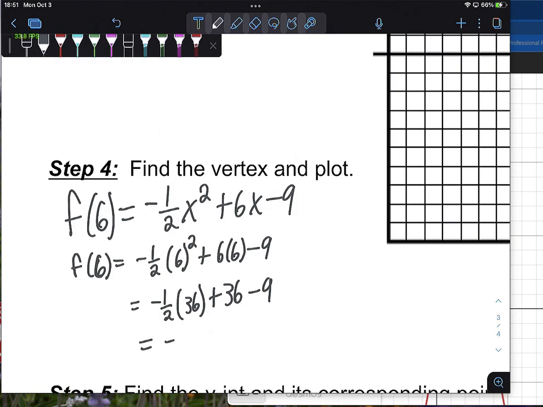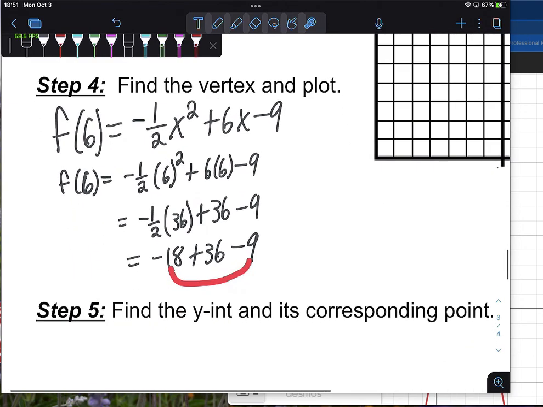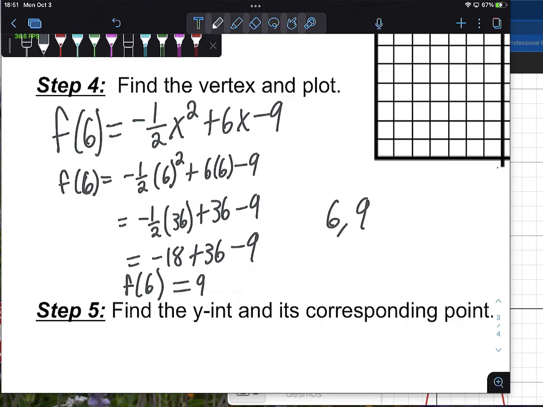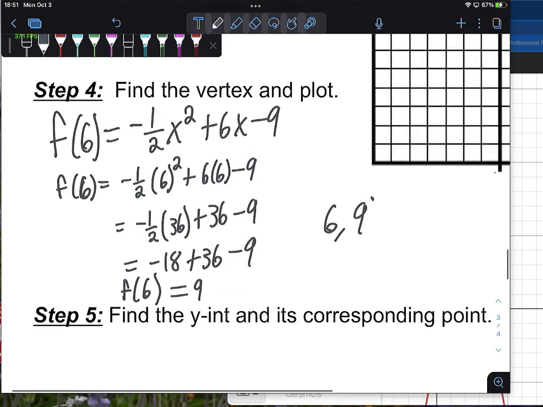This gives me -18 plus 36 minus 9. These two combine to give me -27 plus 36, which is going to give me +9. So f of 6 is equal to +9. So (6, 9), excuse me, is going to be my vertex.